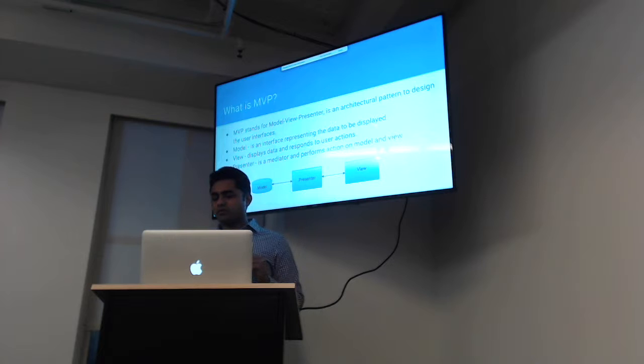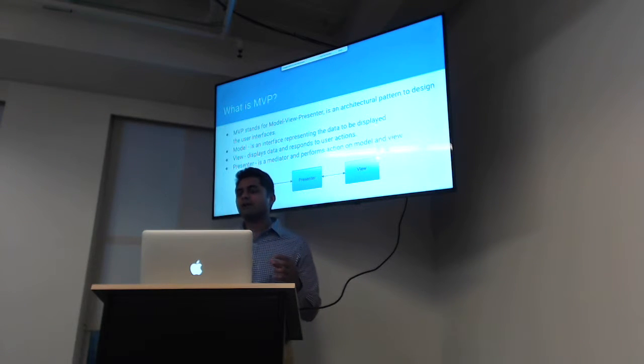A view displays data. It's a GUI, a user interface which displays data, interacts with the user and takes inputs from the user. Then the last component is the presenter. Presenter is basically a middleman sitting between the model and the view. For example, my view wants some data from the model.